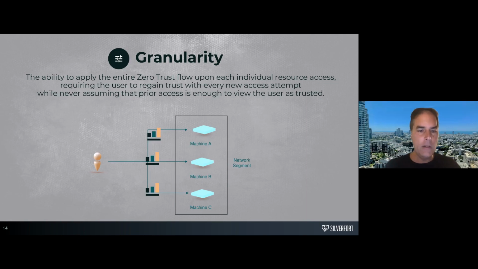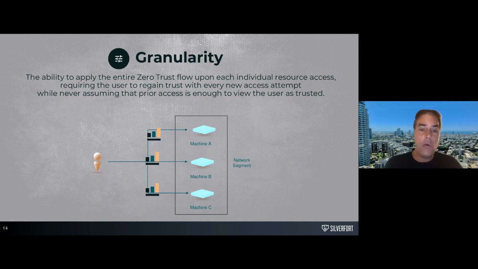So if we take a quick look at our diagram here, we see three machines, machine A, B, and C. They're all part of the same network segment. And network segmentation, it's great. That's a great best practice. However, because of this segmentation, there would be a single security checkpoint. That would be the gateway into that segment.